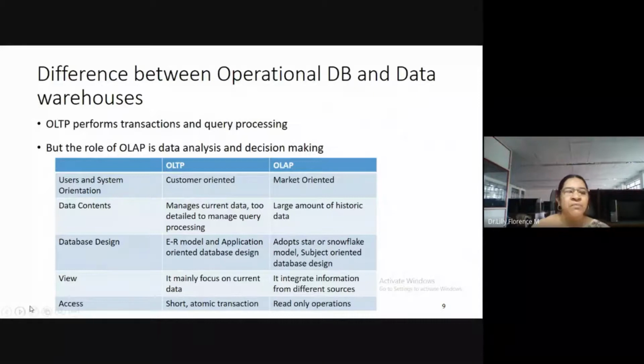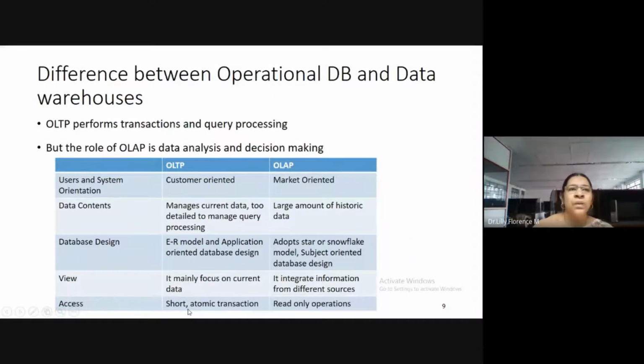And the next, view of the database. The operational database is mainly focused on current data, so we can view everyday transactions. But here we are integrating information from different sources, and we will have bulk data, which we can view in different ways. Accessing in the operational database is through short, atomic transactions, applying the atomic transaction property, but here it is read only.